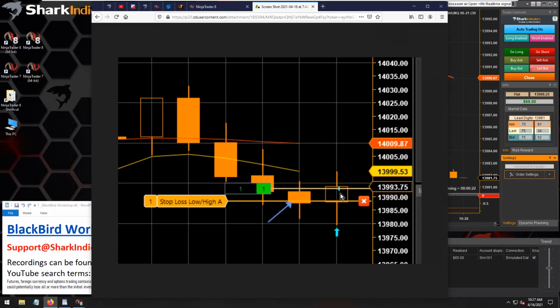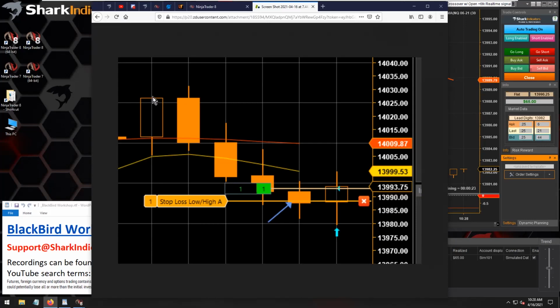Yeah, so this whole entire custom calculation is going to have to be done by a custom indicator. We've already discussed in a previous BlackBird workshop that if you want to identify the top of the body versus the bottom of the body, you'll need a custom indicator that provides the price for the top of the body.